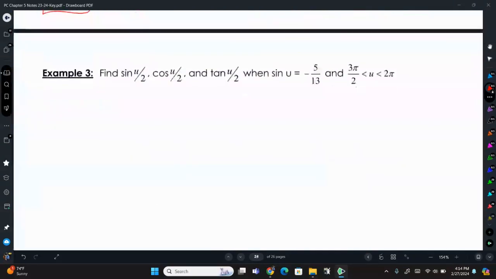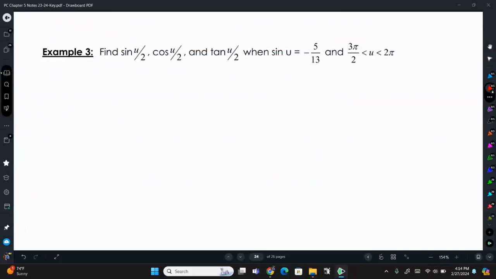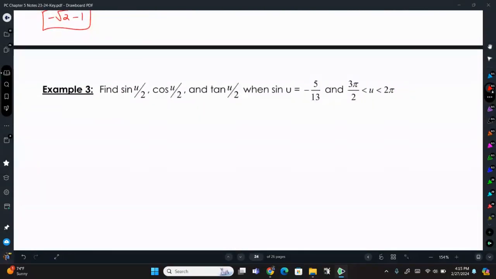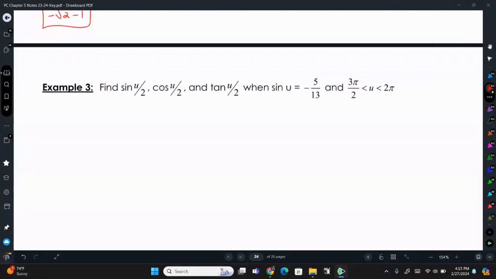All right, now on the next page, we're going to be kind of going back and using that triangle again, because I'm giving you some side lengths, but the difference here is that we have a quadrant that the angle's in, which is going to change our positive or negative values for sine and cosine, which means we would use different measurements depending on different formulas depending on the quadrant.